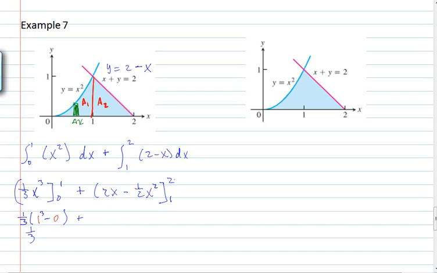And right here, when we plug in our upper bound, we're going to get 2 times 2 minus 1/2 times 2 squared. This is the upper bound, minus the lower bound, and that's going to be 2 times 1 minus 1/2 times 1 squared.